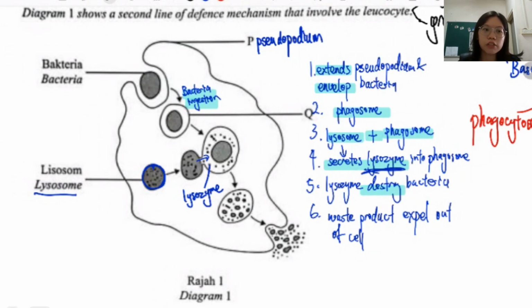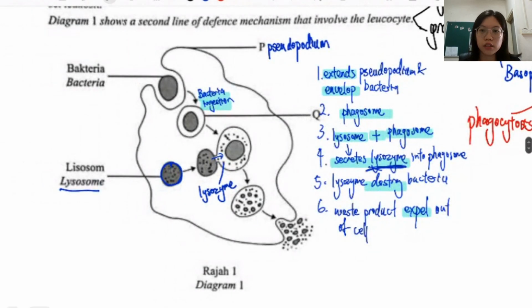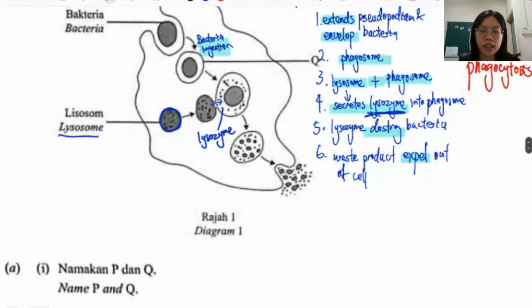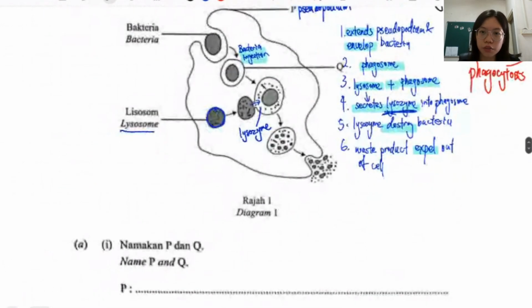After you destroy the bacteria, the nutrients get absorbed into the cytoplasm. Meanwhile, what happens to the waste product? They will expel the waste product. So the most important keywords are: extend pseudopodium, envelop bacteria to form the phagosome. Then lysosome combines with phagosome, and the lysosome secretes the lysozyme. Lysozyme destroys the bacteria and the waste product is expelled out of the cell.